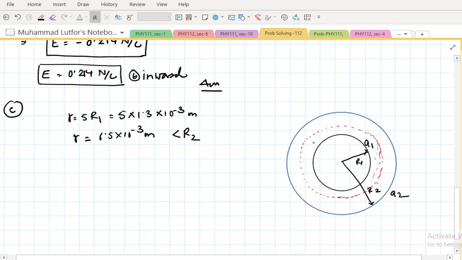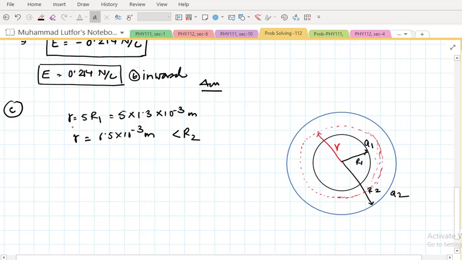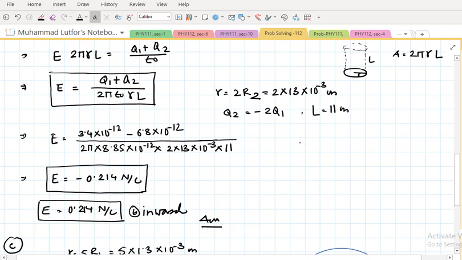right? So this is the Gaussian surface. Say this is my R. This new Gaussian surface is going to enclose only the charge Q1, meaning the charge inside that cylinder. Okay, fine. Then we can use the same formula that we derived over here. Now the enclosed charge would be Q1.